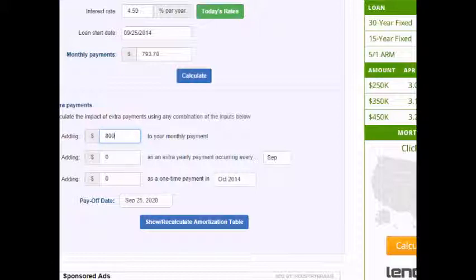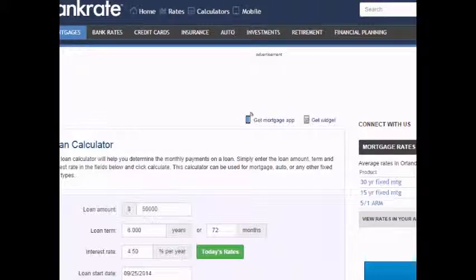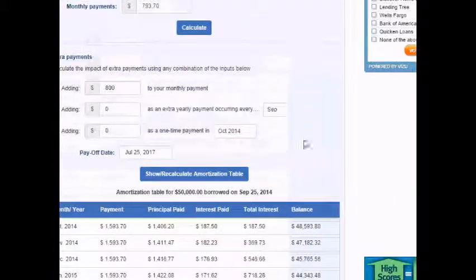Because what's the difference of $6.70? What'll happen then is we'll reduce the loan length. We added $6 a month, right? We reduced the loan length by 3 years.